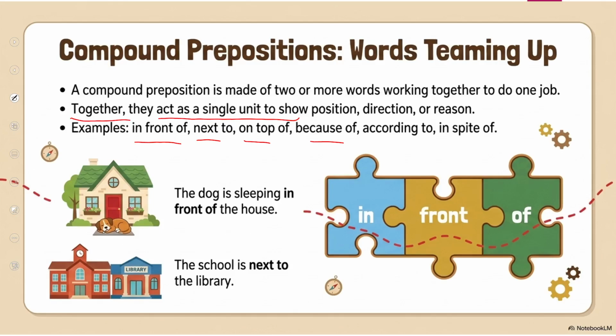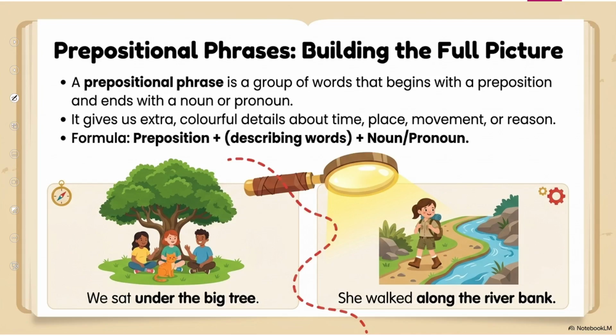For example, the dog is sleeping in front of the house. In front of is an example of compound preposition. In our second example, the school is next to the library. Here the word next to is compound preposition and it acts as a preposition.